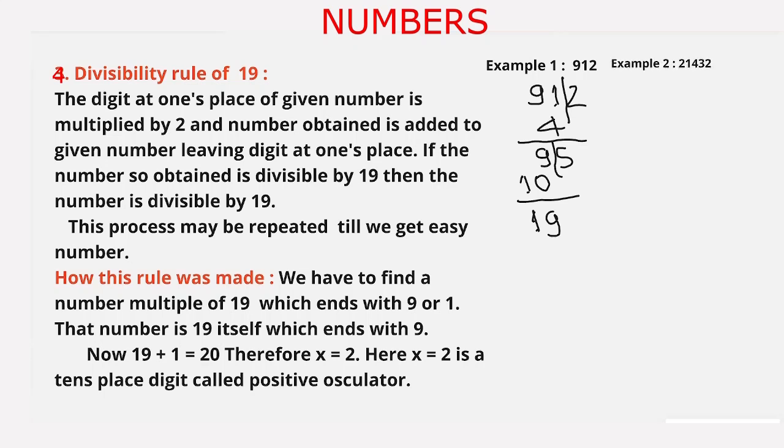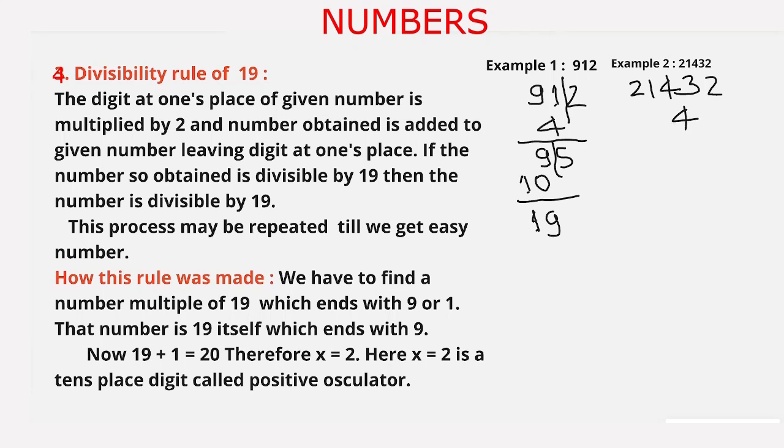The next example is, we have to find whether the number 21432 is divisible by 19 or not. The digit at ones place is 2, and we have to multiply 2 by the digit at ones place, and 2 times 2 is 4.